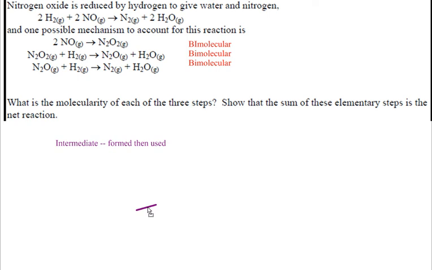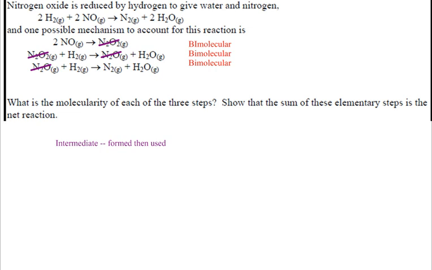So we can pretty much cross it out because it's not going to be part of a final product. Sorry, it's formed there, and it's used in the immediate step. We have another one here. If we look, N2O, dinitrogen monoxide, is produced and then immediately consumed in the following step. So we can cross that out as well.